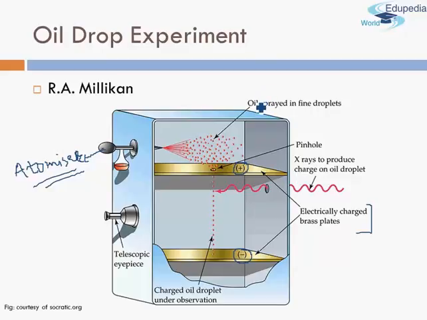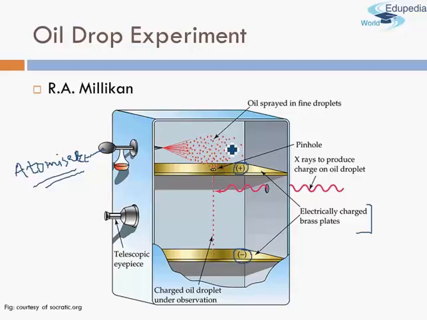This is to ensure that during the experiment, during the discovery of charge itself, the droplets of oil do not get evaporated. If vapor pressure is low, vaporization will be low, so we can still observe our oil droplet throughout the experiment from top to bottom.